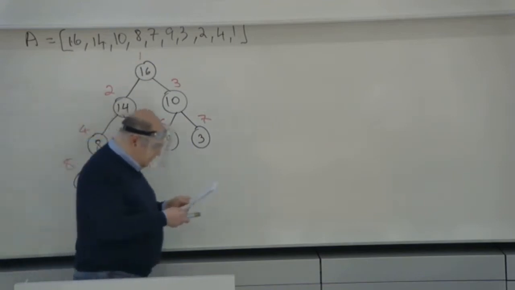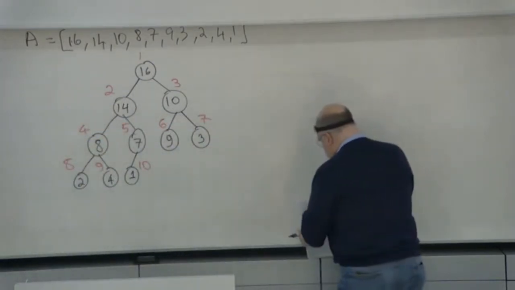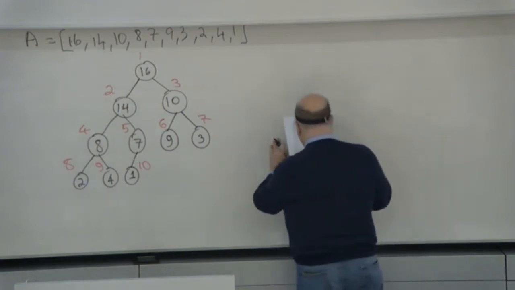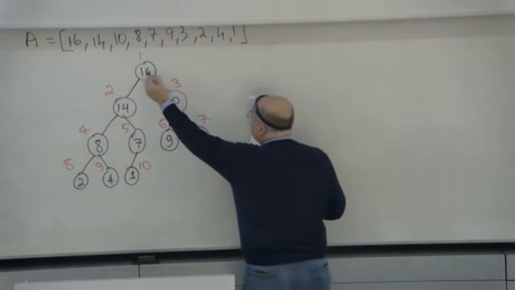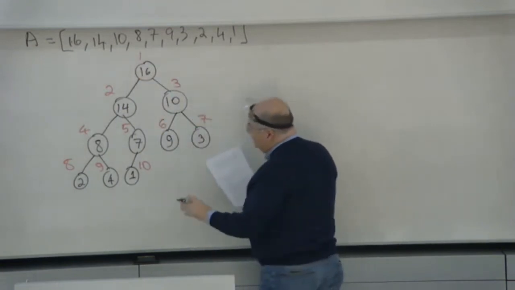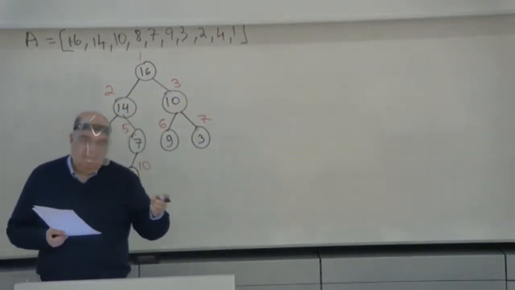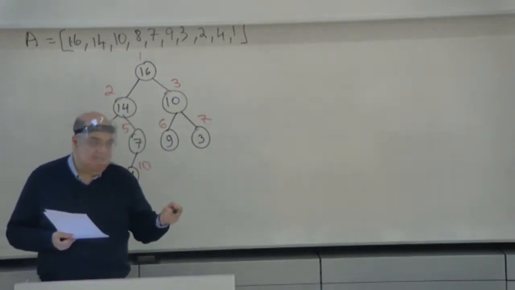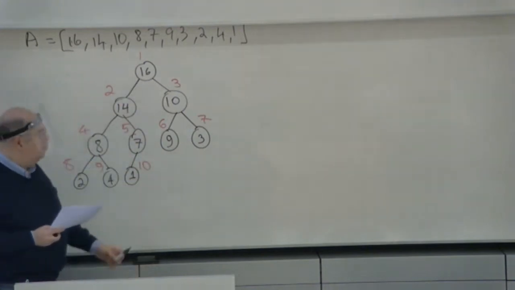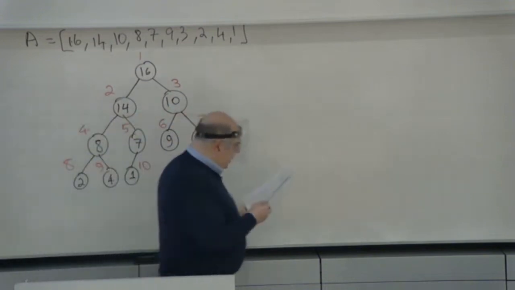The root of the tree is, of course, A sub 1. And for every entry, we can immediately get the left child, the right child, and the parent, if there is a parent. Of course, the root has no parent at all, just by looking at the numbers.